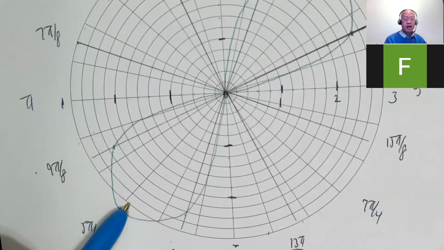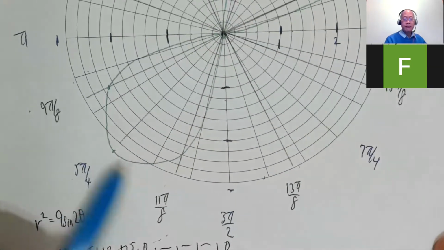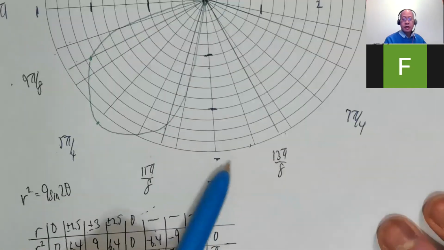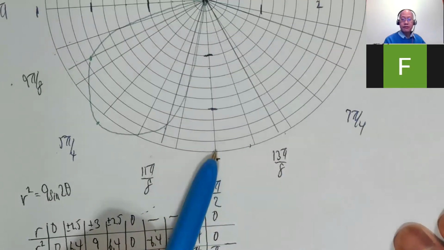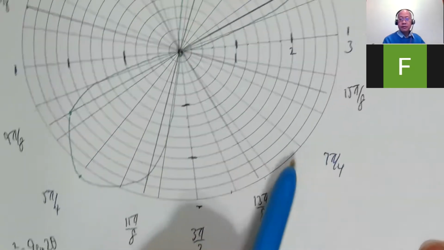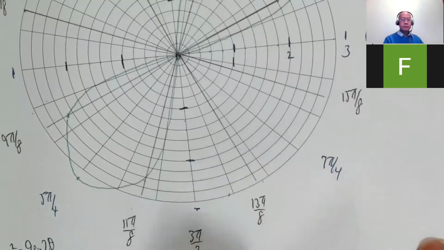Between pi and 5 pi over 4, 1, 2, 3, there's 1.5. Between 5 pi over 4 and 3 pi over 2, roughly 1.5. Between 3 pi over 2 and 7 pi over 4, 1.5. And from 7 pi over 4 to 2 pi, 1.5.